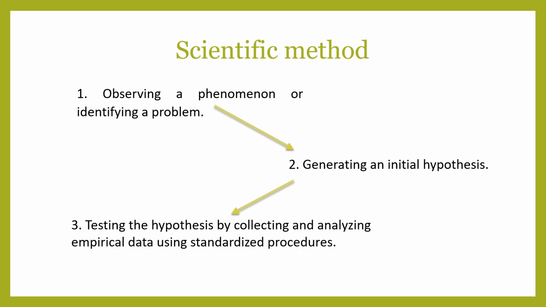It is not complete if we only do the hypothesis. We have to prove that our hypothesis is right or it is wrong. So we have to prove it through a specific system using an instrument and getting results to get a conclusion.